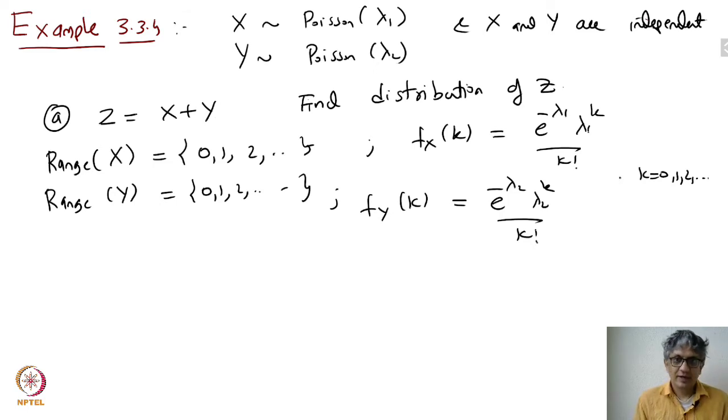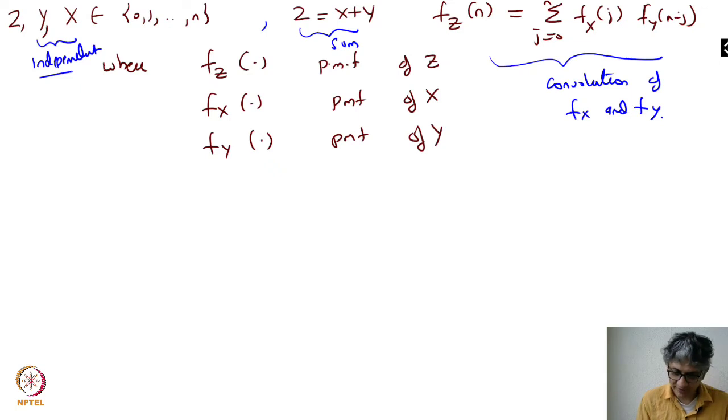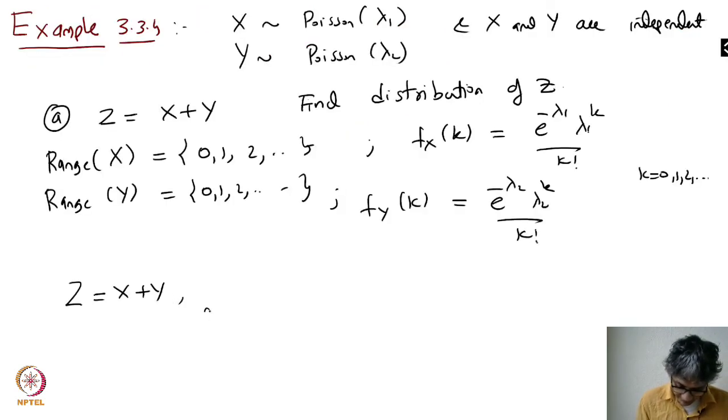So this we know, right? From the previous calculation, I know that if z is equal to x plus y, which I showed on the previous page, the distribution of z is given by the convolution of the two probability mass functions. That means f sub z of n is going to be given by the sum from j equal to 0 to n.